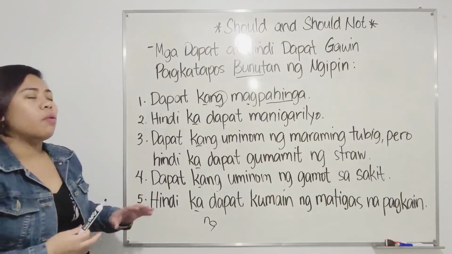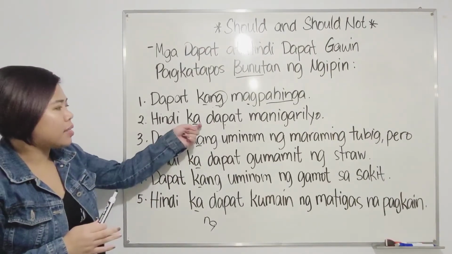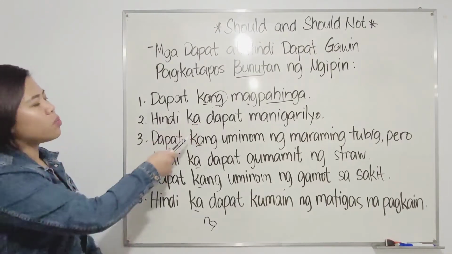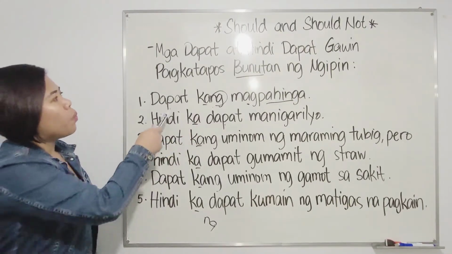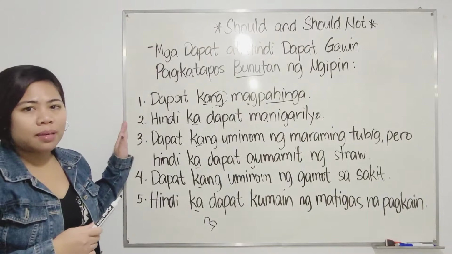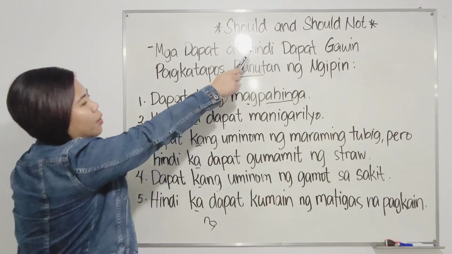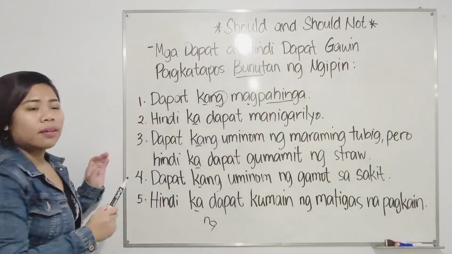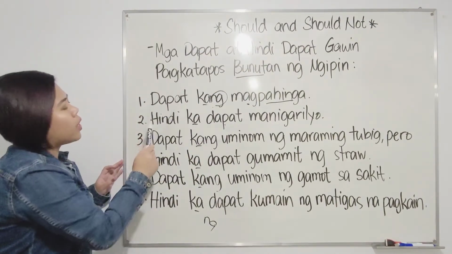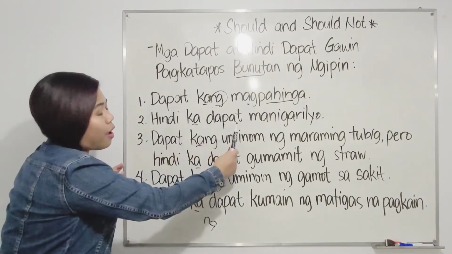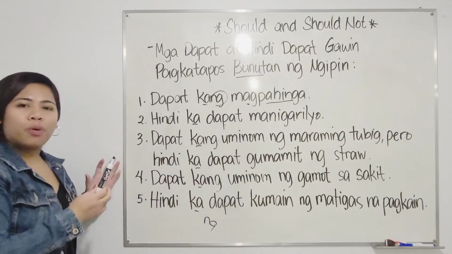So actually, when your subject is a pronoun like this one, pronoun you, when you say the negative statement, you cannot put it after the complete word should not. You cannot say, hindi dapat ka manigarilyo. It's broken.